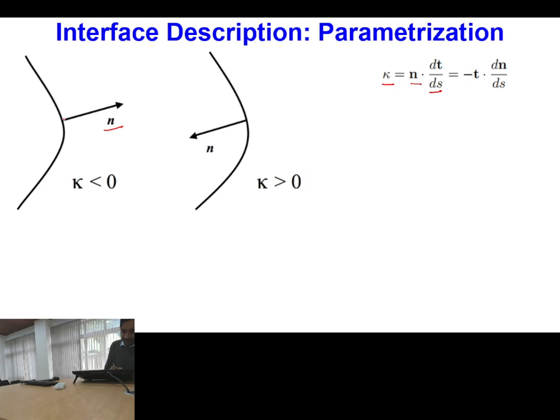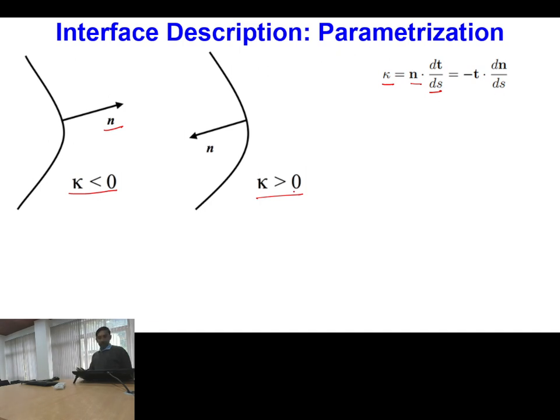So if my unit normal vector is pointing in one direction and the curve is folding in the other direction, then my curvature will be less than 0. But if the unit normal vector and the fold of the interface are in the same direction, then curvature is considered greater than 0.